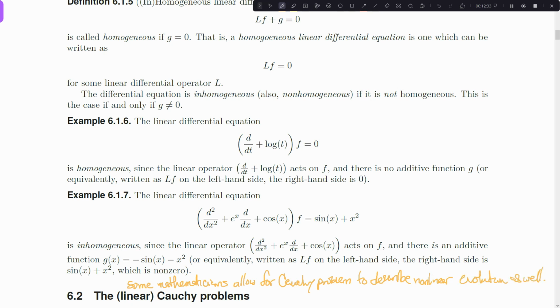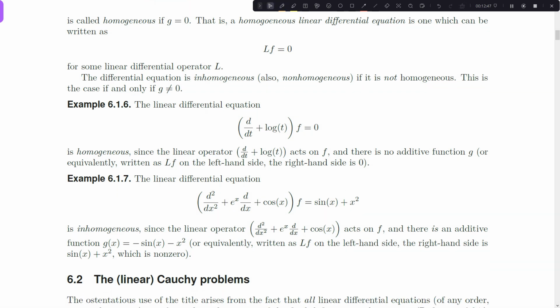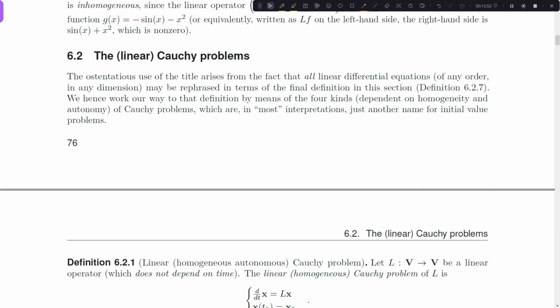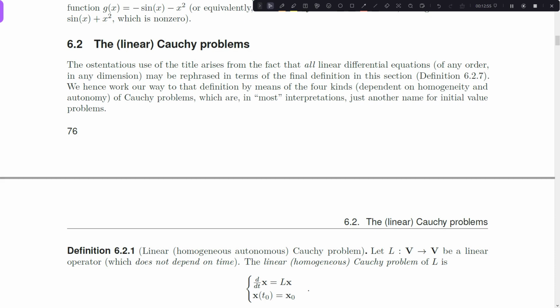So for now, just assume that when somebody says Cauchy problem, they refer to a linear Cauchy problem, but quite possibly eventually you might get to the point where we are talking about nonlinear Cauchy problems as well. Okay, so I've got a paragraph describing kind of how I started this video, but let's move on to what it means to be a Cauchy problem.